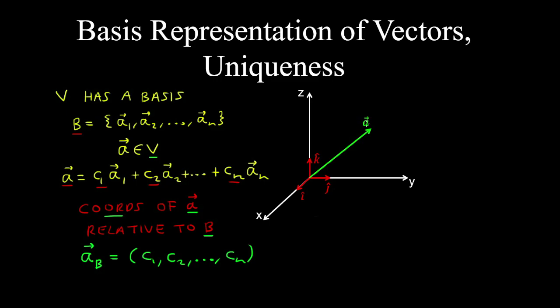So for example, in 3 space, we can visualize this vector as having some x coordinate, some y coordinate, and some z coordinate. So we can write this vector as a linear combination of the basis vectors.